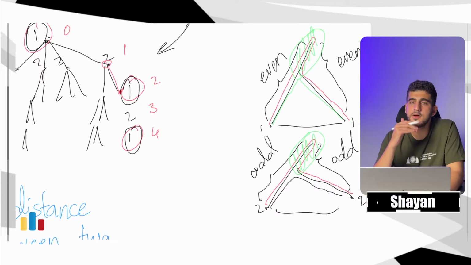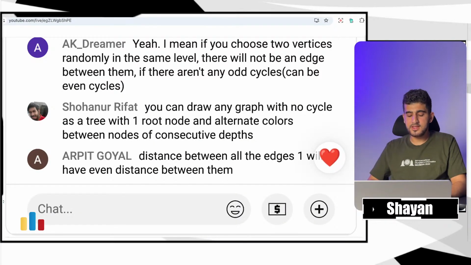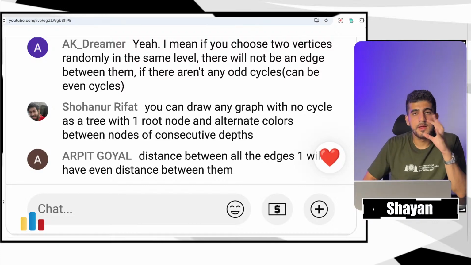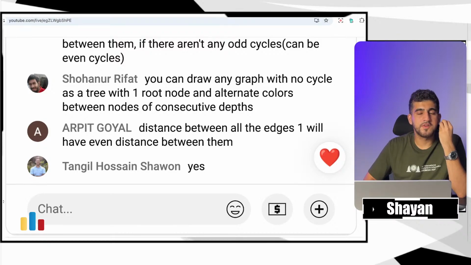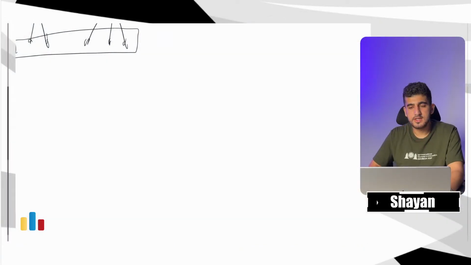Okay, does it make sense now? It's okay if you do not completely comprehend it for now. The key point I want you to get from this part is that we will come back to prove it completely later on. I just wanted to familiarize you with the definition of bipartite graphs.